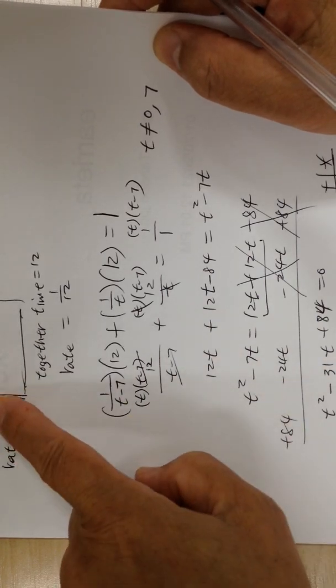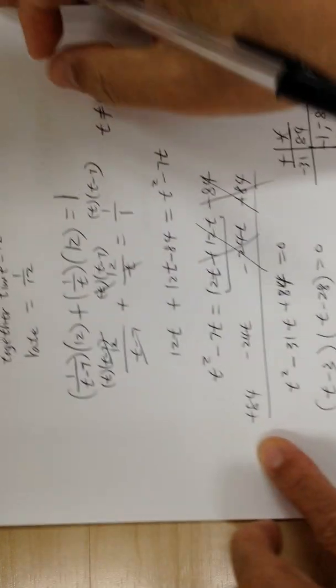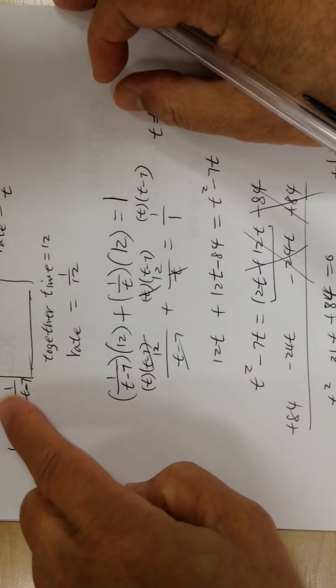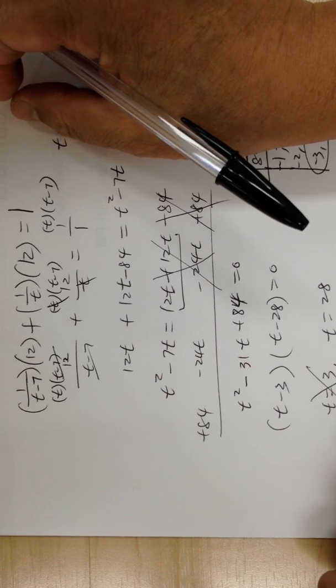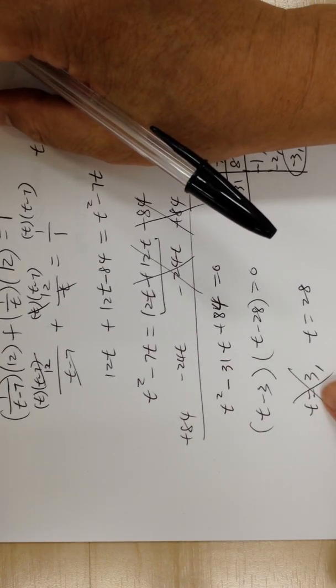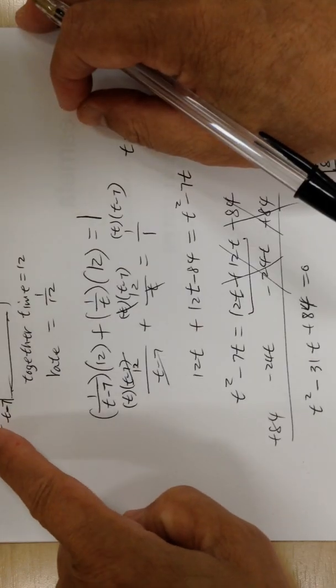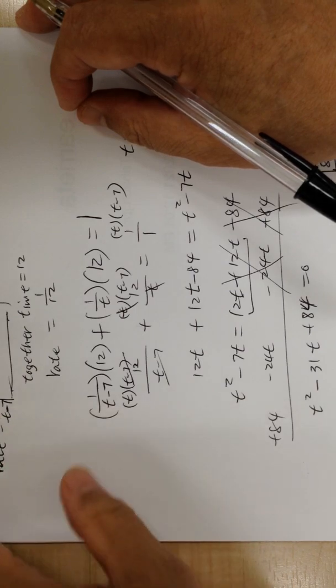So if t equals 3, it will give you negative time. Okay, so this one is no good, right? Again, the large pump is t minus 7. So if t equals 3, the t minus 7 will give you negative time for the large pump, so it cannot be.